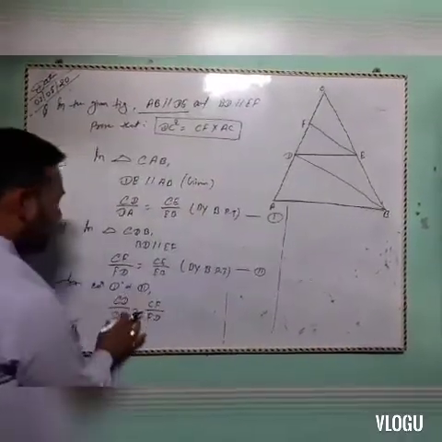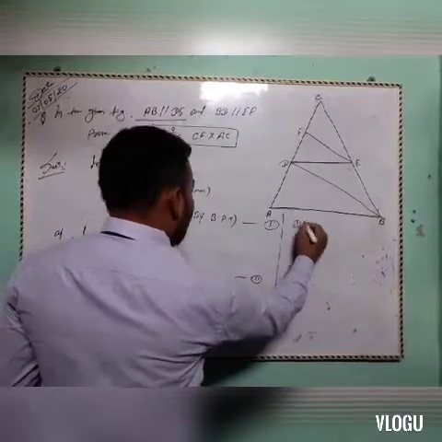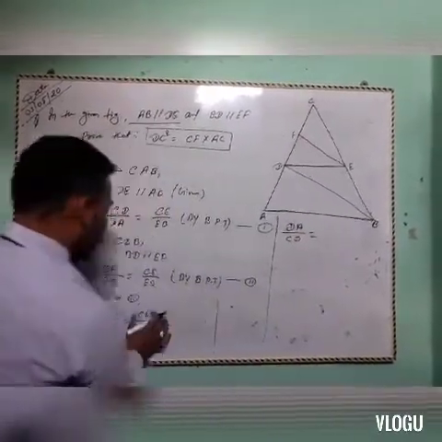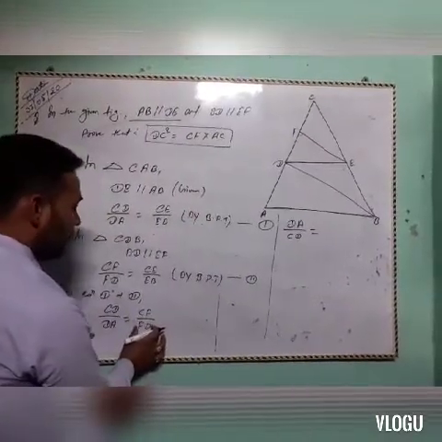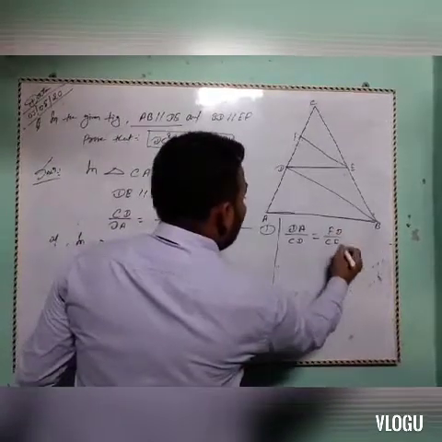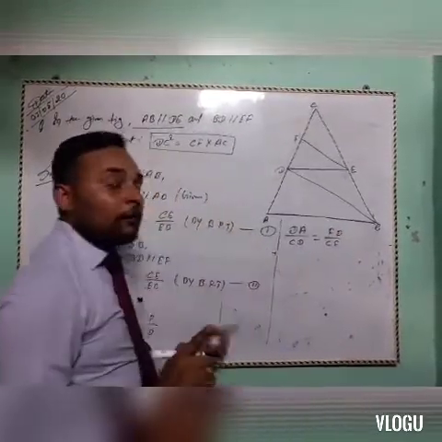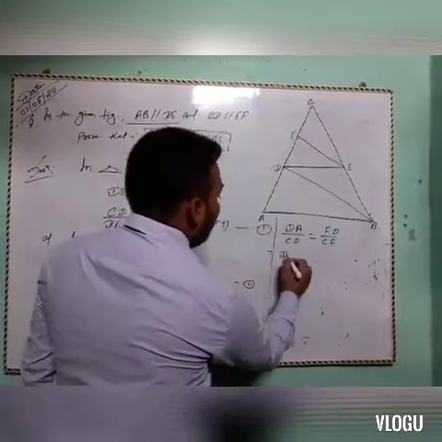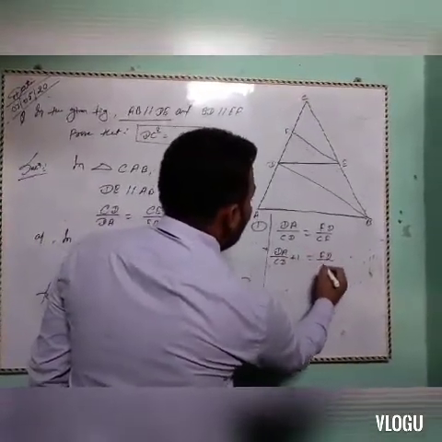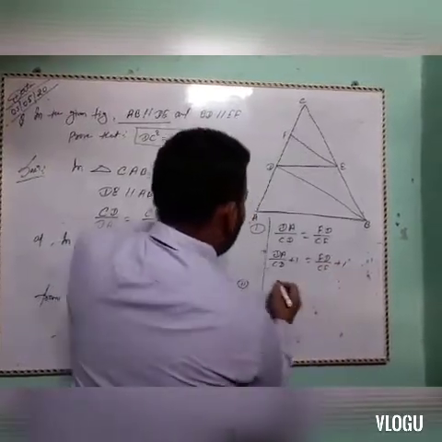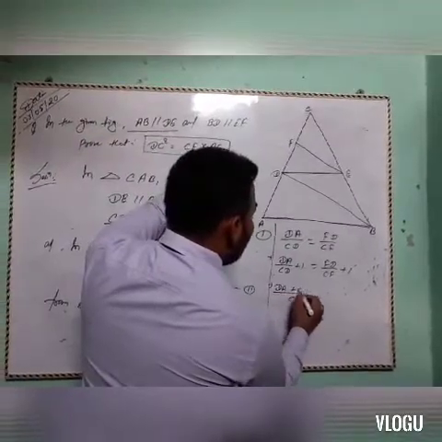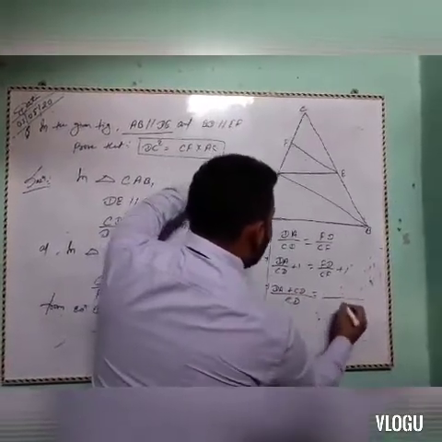So DA by CD equals FD by CF. Adding 1 on both sides, DA by CD plus 1 equals FD by CF plus 1. LCM: DA plus CD over CD equals FD plus CF over CF.